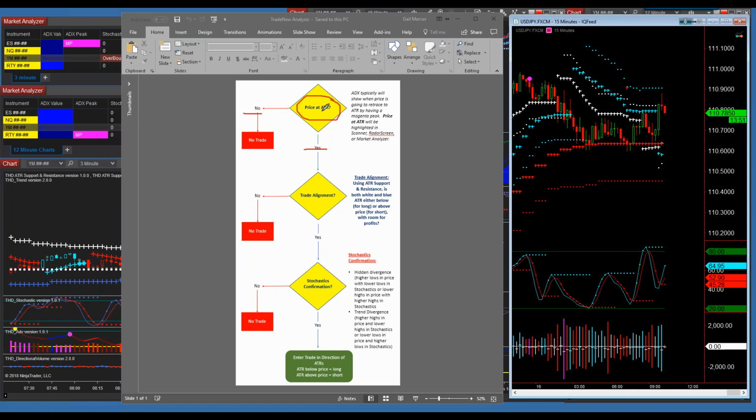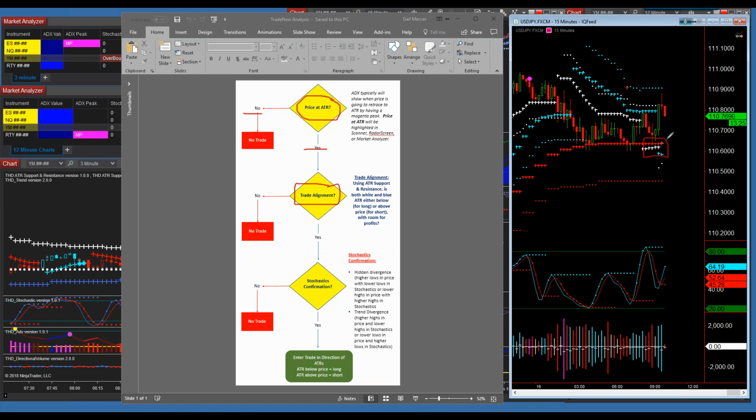So if price is at an ATR, in other words, you answered yes, then comes the question of whether you have trade alignment. Now, what is trade alignment? Well, it simply means that you have two ATRs in your direction. If you look over here on the 15-minute USD JPY, this is a great example.